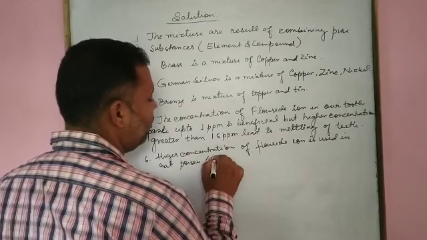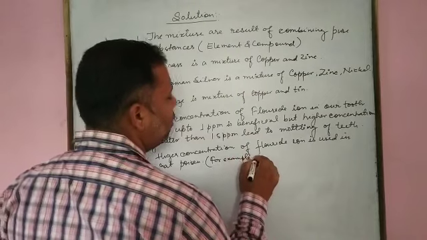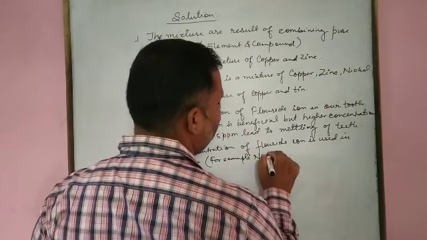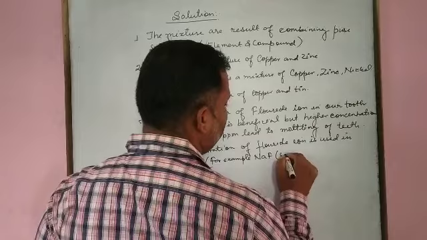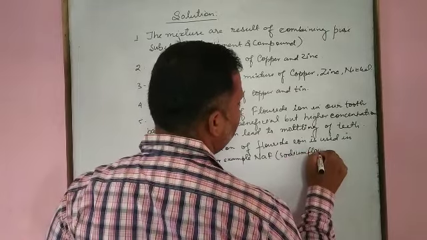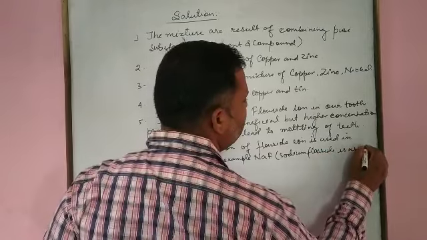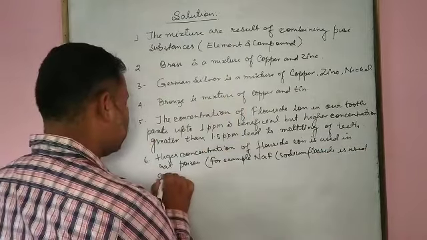For example, sodium fluoride is used as rat poison.